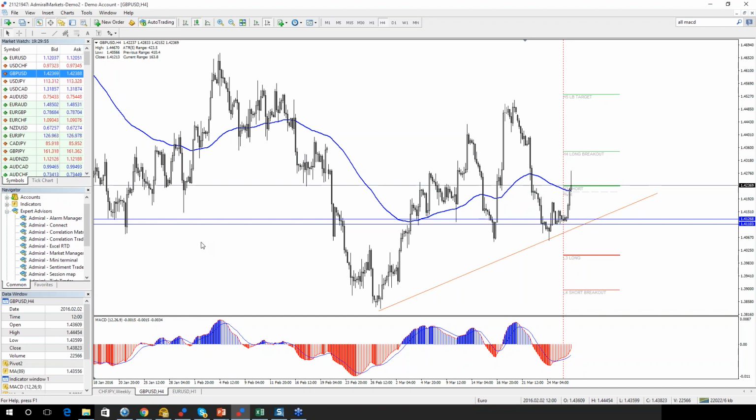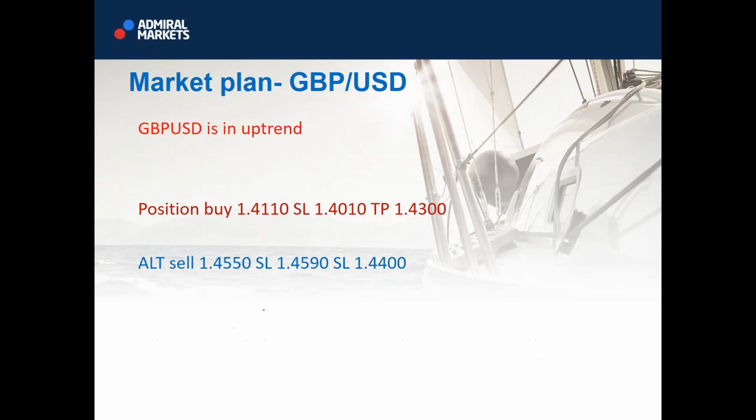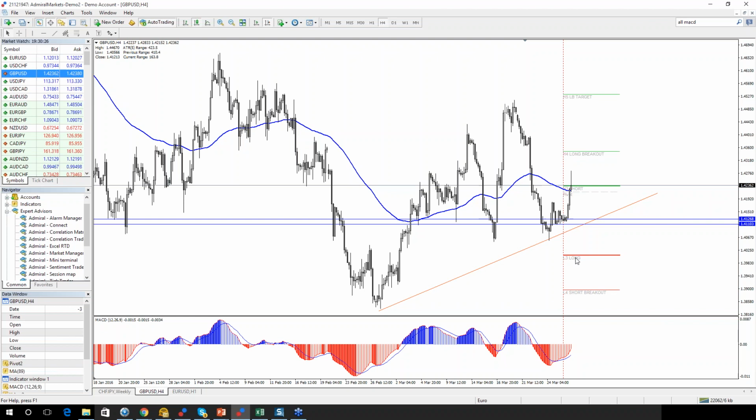Look at this. 15 pip buffer, look. So let's see. If it goes here, I guess there will be now moment buyers. If it goes below 41.10, well, then we can expect maybe a retracement over here.